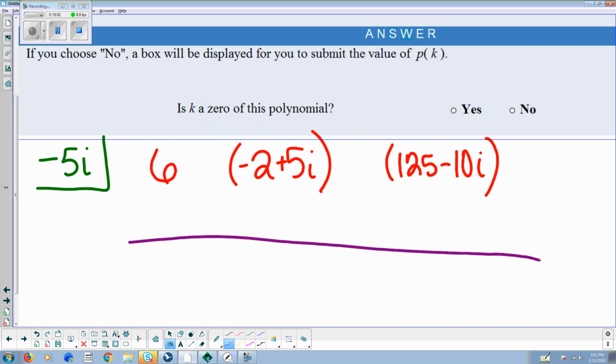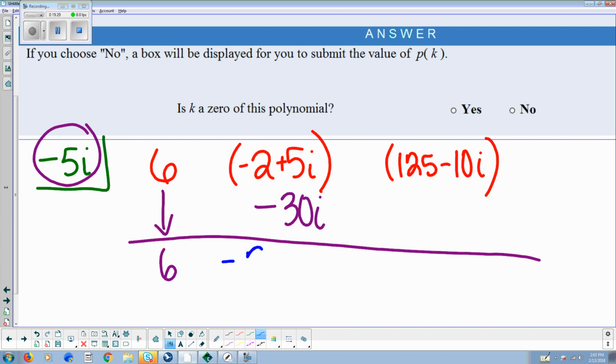To perform synthetic division, our first step is to bring down the first term under the line. And then I like to say that any number that comes under the line in synthetic division gets multiplied by our multiplier. So negative 5i multiplied by 6 gives me negative 30i. Our next step is to add down.